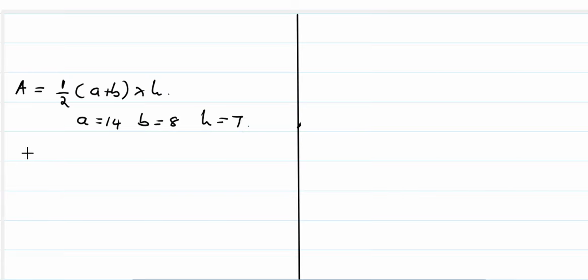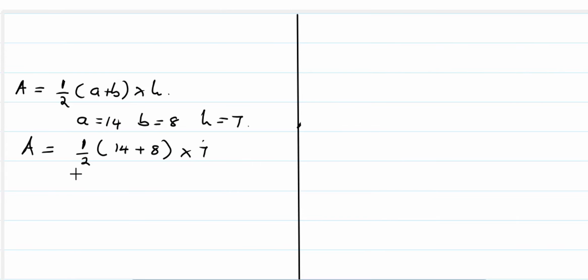So to get the area of this trapezium, we have to get a half into, you already know A is 14, then plus B, which is 8, then multiplied by H, and our H here is 7. So instead of putting H, let me put 7 here. So it will be 14 plus 8 is 22.